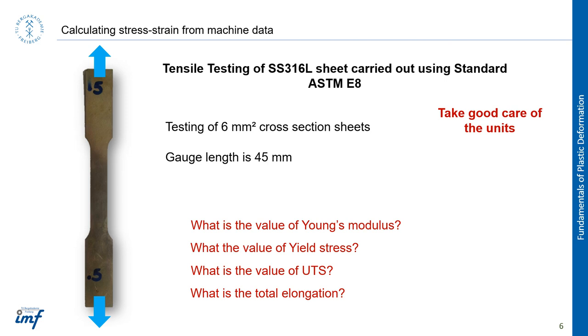I would like you to write the answers in the comment section so we can compare the results. So we would like to do all these calculations step by step.